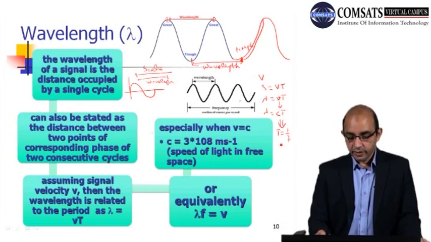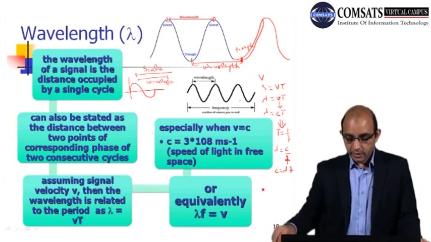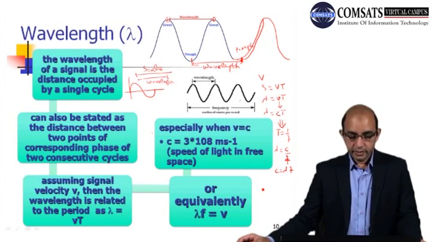So lambda is equal to C over F, or C is equal to lambda F. This is the relationship between the wavelength, frequency and velocity.